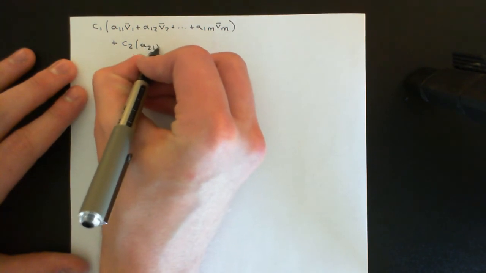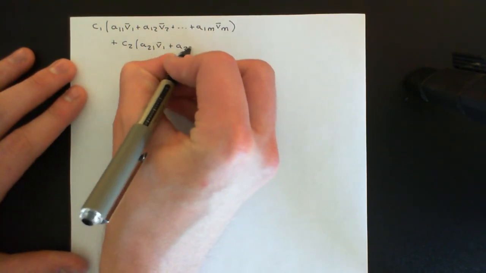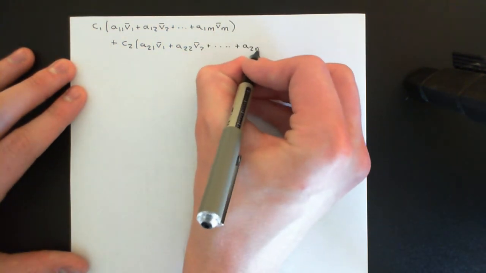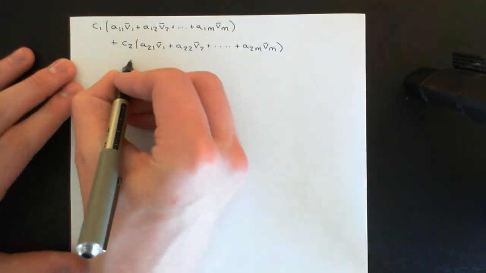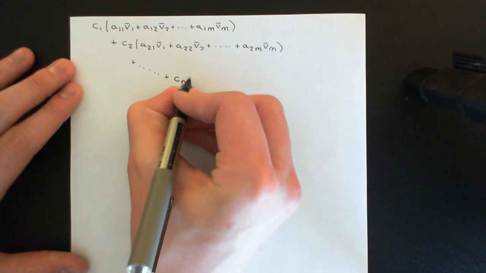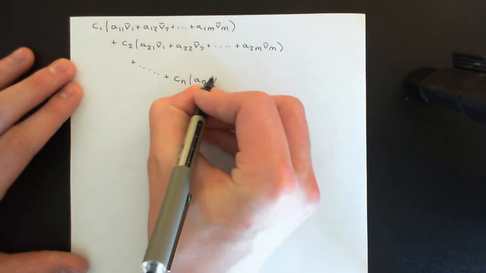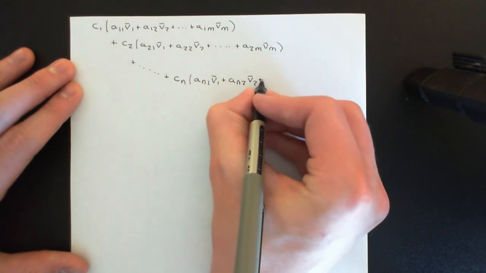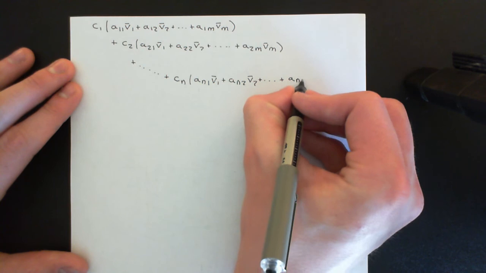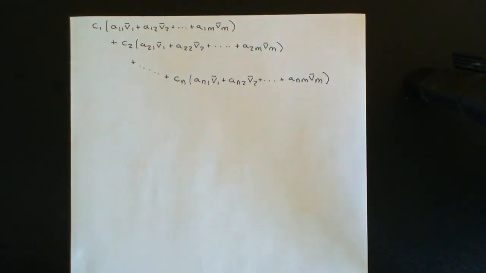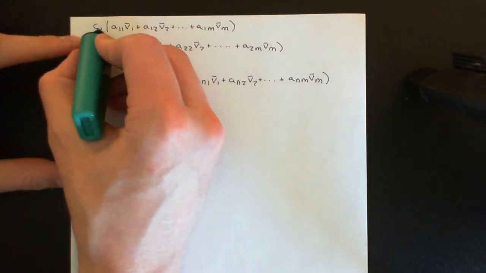This will be a21 times v bar 1 plus a22 times v bar 2 plus etc, all the way up until we have a2m v bar m, like so. Then you'll go on and on all the way down until you have plus cn times the final one, which is an1 v bar 1 plus an2 v bar 2 plus all the way up until we have anm v bar m. Okay, right, so this is what a linear combination of my n vectors in that linearly independent set is actually going to look like.